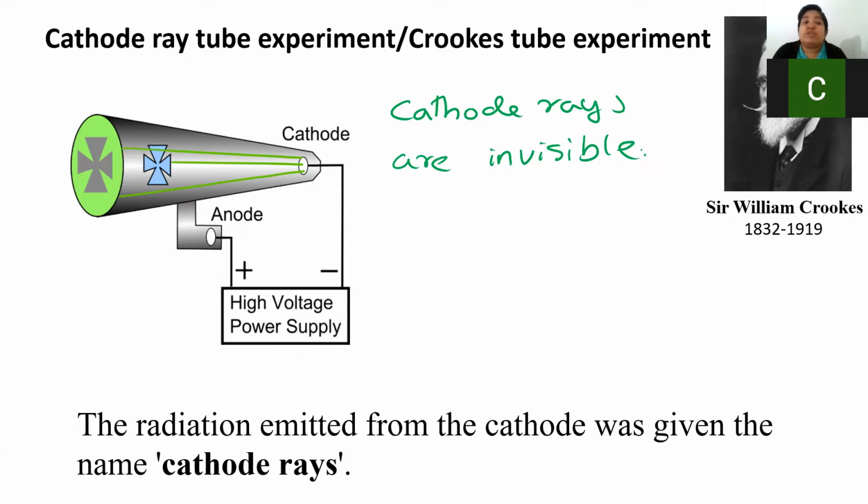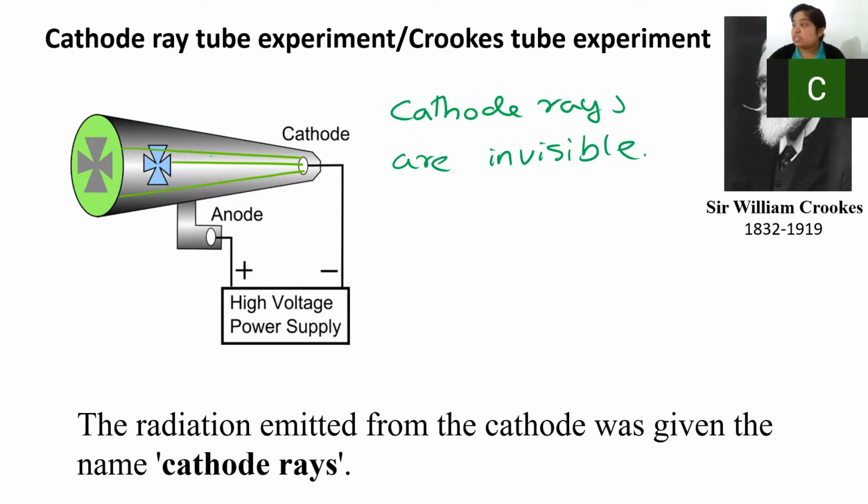He just observed that there is something happening there. So in order to visualize it, he put different gases. And also he started coating this glass tube with fluorescent material. When he filled gases, it is then that he started seeing these green beams.